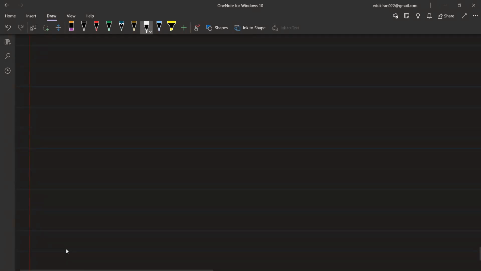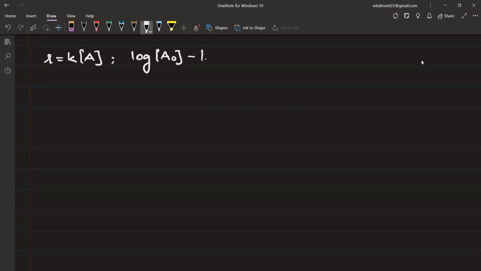So see, what are the equations that we have seen right now? First of all, for a first order reaction, R is equal to K into the concentration of A. Then we saw something that you will always remember: log of A naught minus log of A is equal to KT.